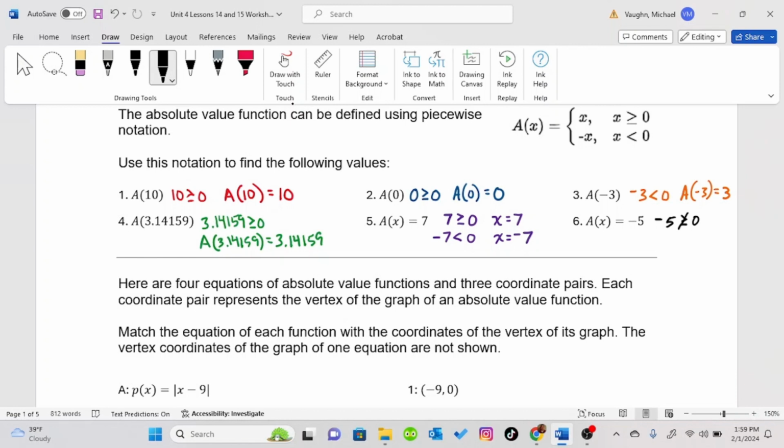And if we follow the bottom, -5 being x, -5 would be +5, and that would say that +5 is less than 0, which is also not true. So 6 has no solution.